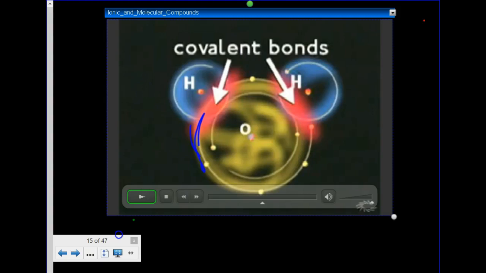What do you think holds electrons to an atom? Electrons are negative. What holds them to oxygen? What's in the middle? Now, what's in the nucleus?